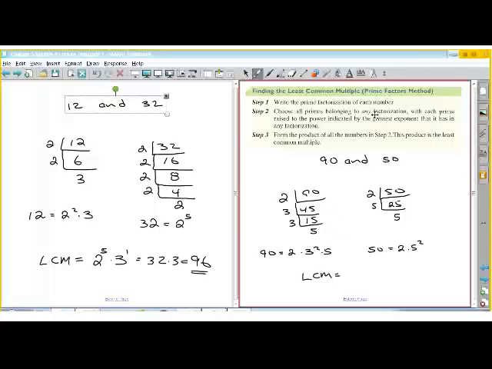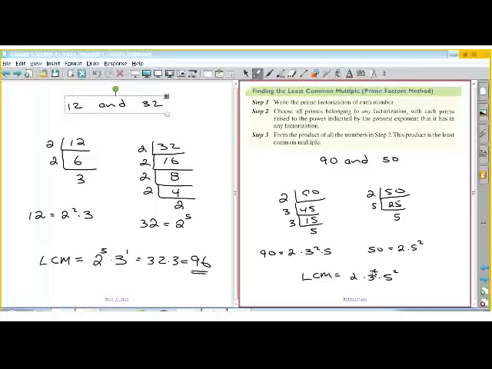This is kind of equivalent to the first method that we did for greatest common factor. So what you would do is, you see I've got the prime number 2, the prime number 3, and the prime number 5. Those are in either one of them. And then I pick the largest exponent. Well, 2 and 3 are both to the first power, so that's fine. The largest exponent for the 3 is 2, because only one of them has it.